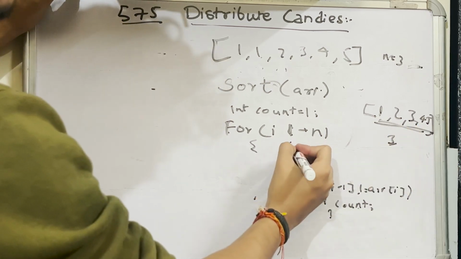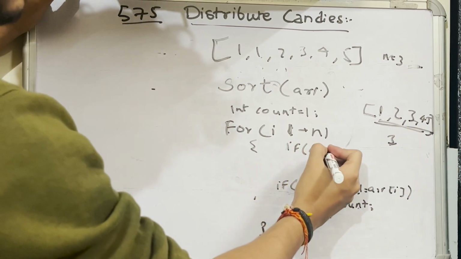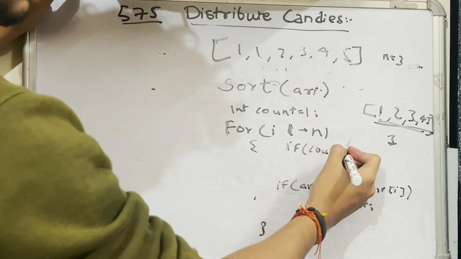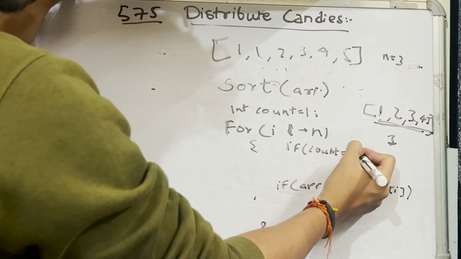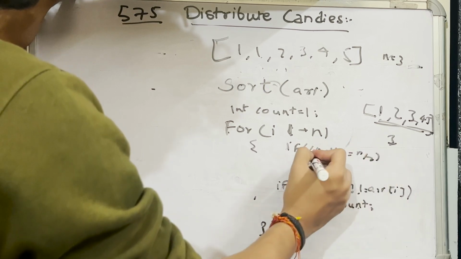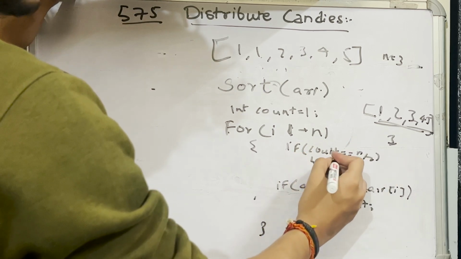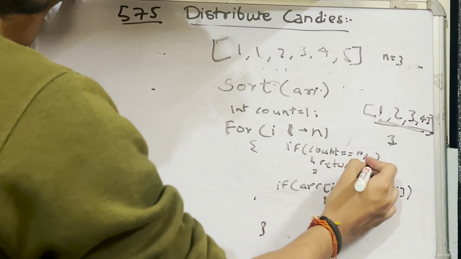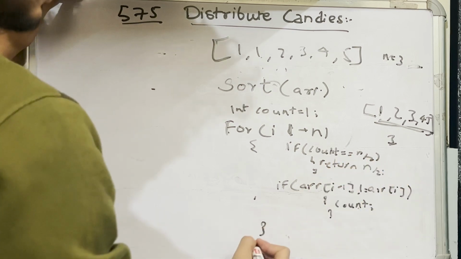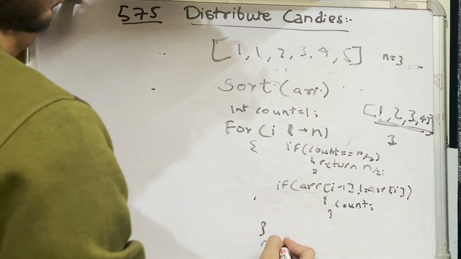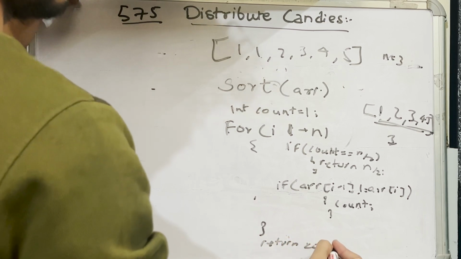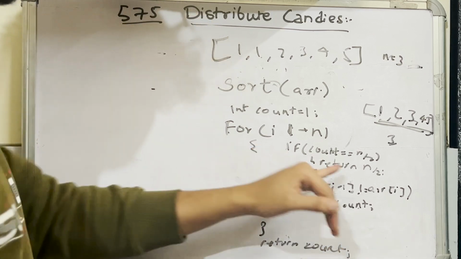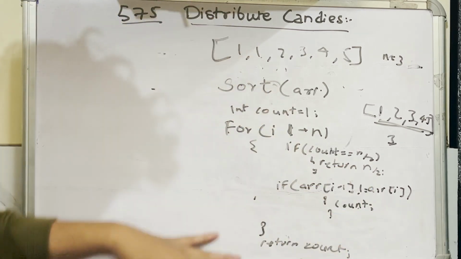So we check if your count is equal to n by 2, then you return count. Okay, so we'll keep that in mind. At last you return count. You can also return count here. So this will be the basic code.